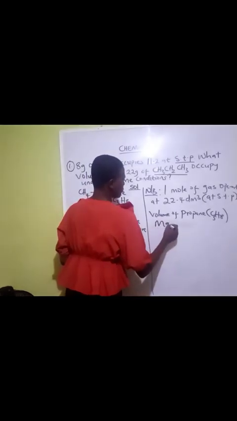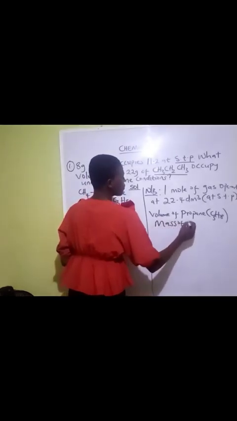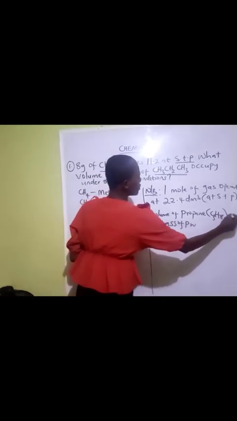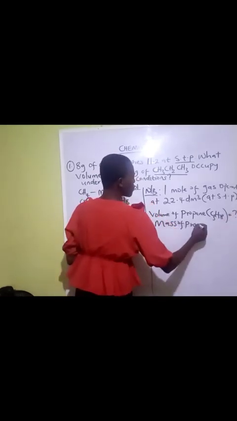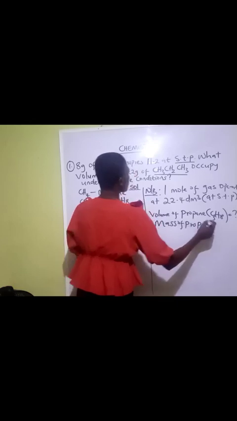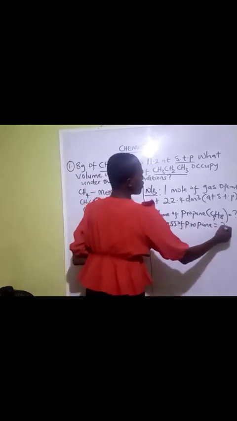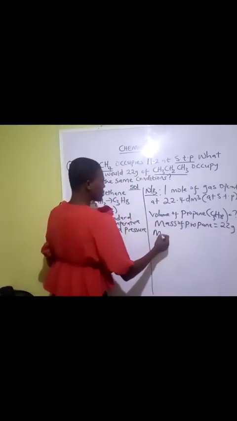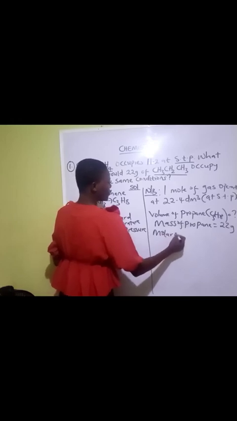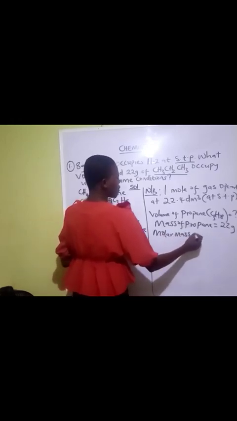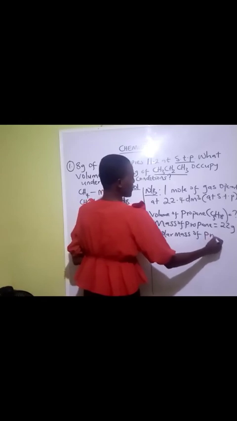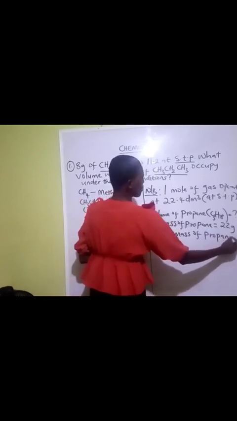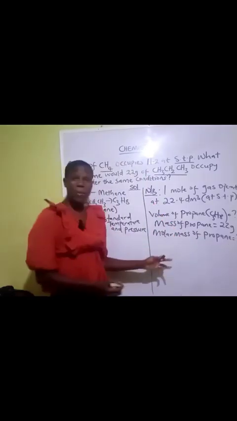So that's to say the mass of propane is given to us as 22 grams. Okay. Now we don't know the molar mass of propane. How do we solve the molar mass of propane?